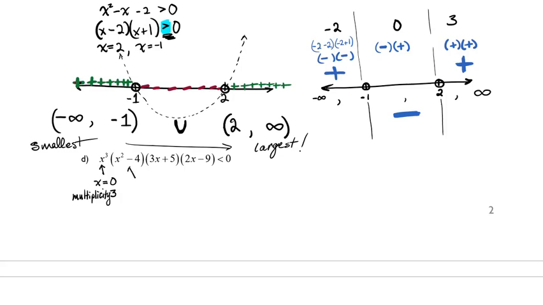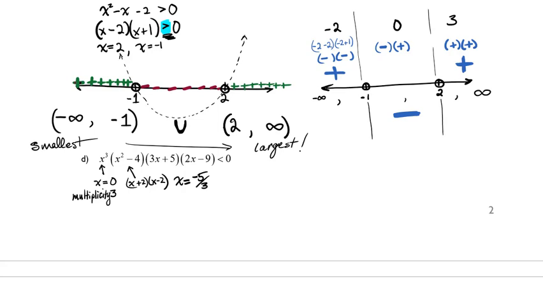We can factor the x squared minus 4. That will give me a binomial of x plus 2 and a binomial of x minus 2. I can set the 3x plus 5 equal to 0, and that will give me x equals -5/3.